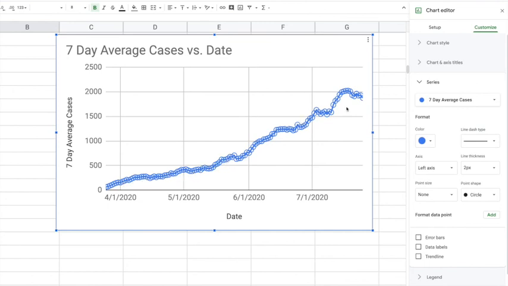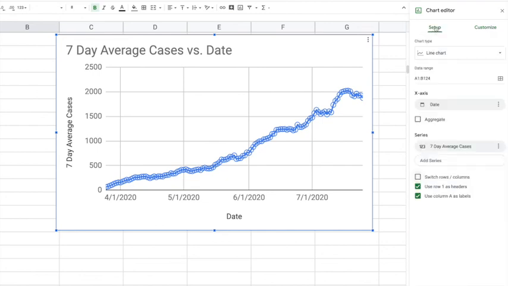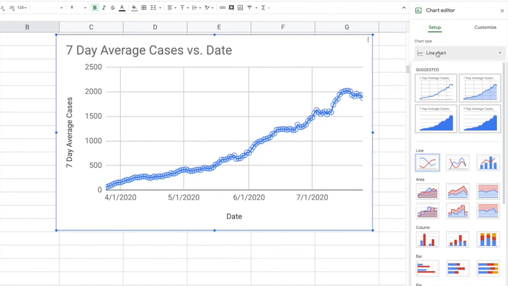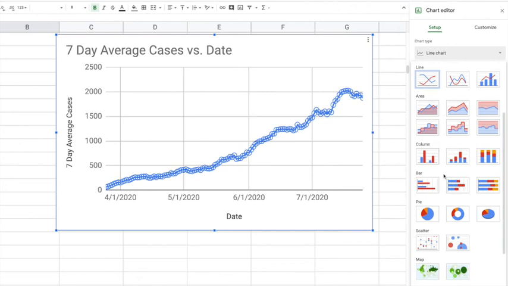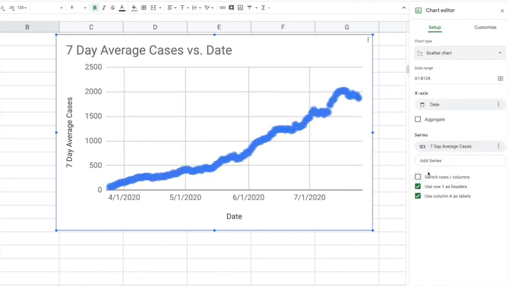But I don't want this type of graph. I want a scatter chart style. So over here in the chart editor, go to Setup, change this line chart because it's just a suggested one. And we want to go down here further to where it says Scatter. So I'm going to do a scatter plot.